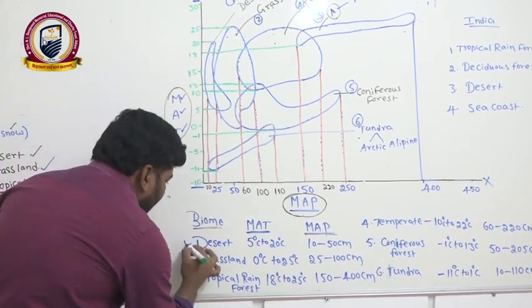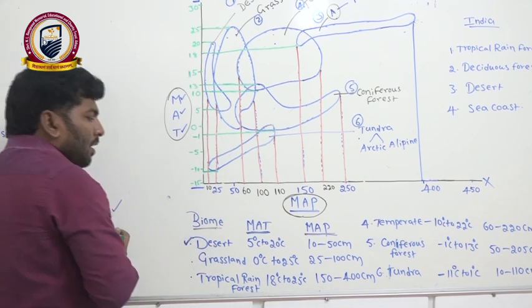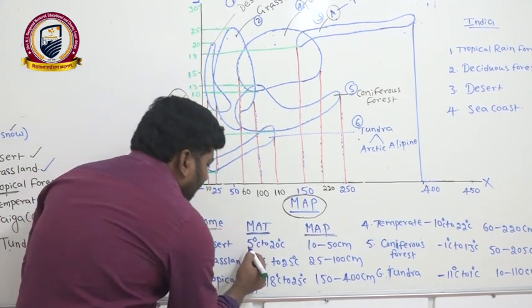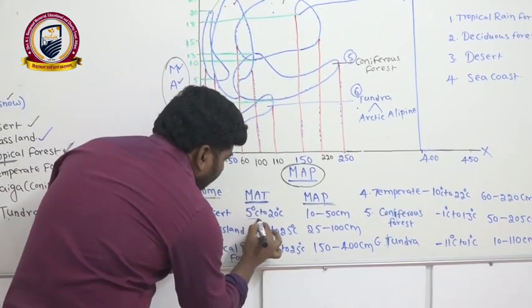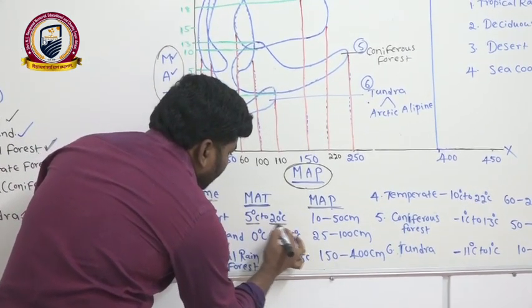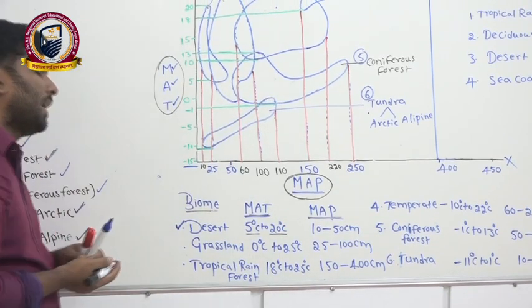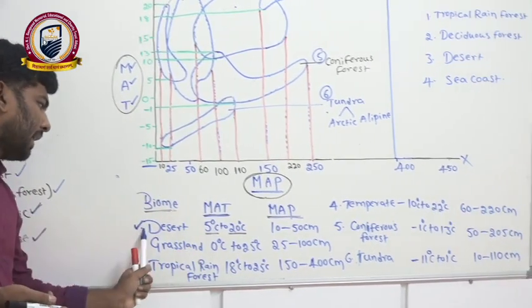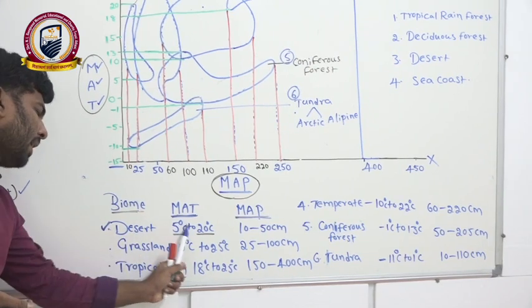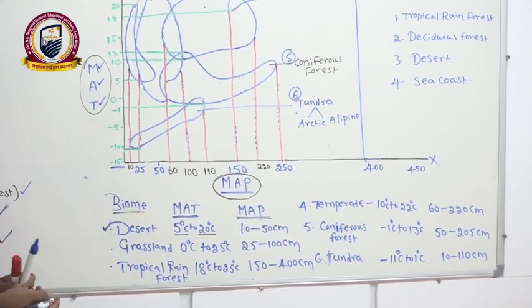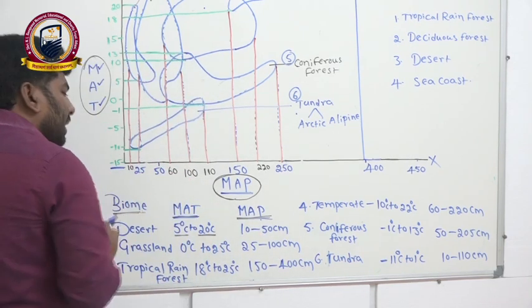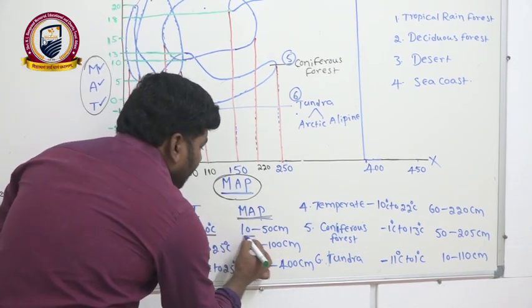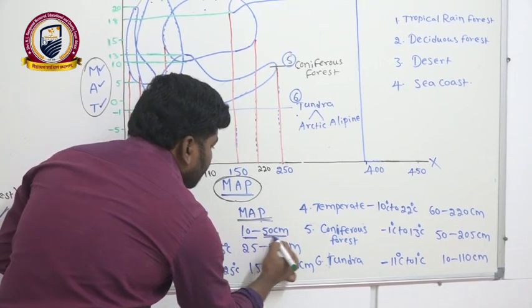First, take the desert biome. The mean annual temperature of the desert biome is from 5 degrees to 20 degrees centigrade. And the mean annual precipitation of the desert biome is 10 centimeters to 50 centimeters.